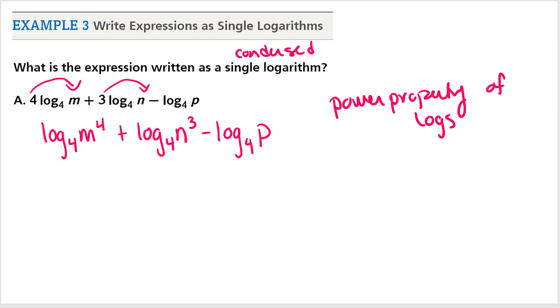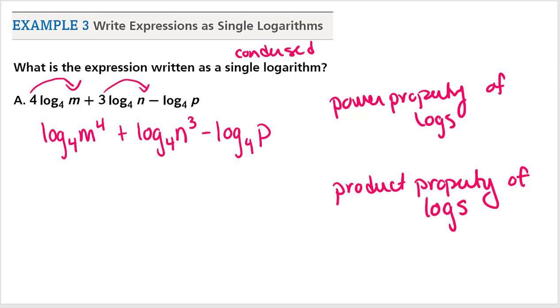Then we're going to use our product property. And our product property means that we can take the m to the 4th and n to the 3rd. We can put these two logarithms together as one, and they will now be multiplied next to each other.